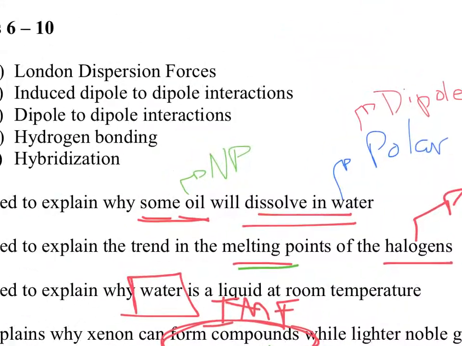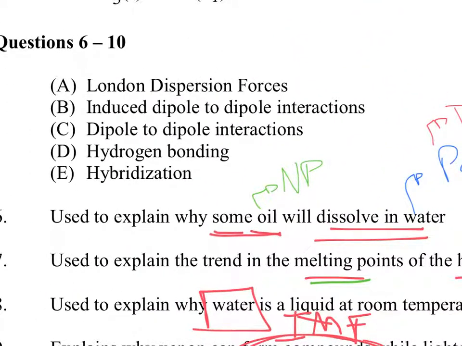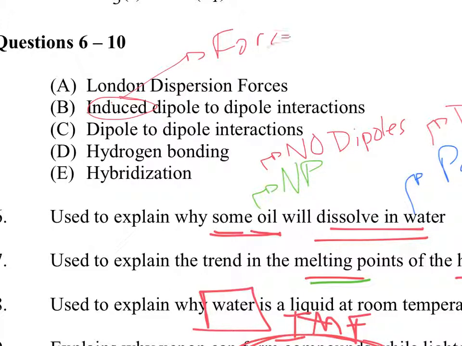Well, if you go back and you look, the only two things left are dipole-dipole interactions. Will oil have a dipole? So non-polar things have no dipoles. What does induced mean? Very good, it's forced. So can oil sometimes be forced to have a dipole? Yes, and that is why. Because remember, electrons are constantly moving, and so at any moment, it can be forced into that dipole. And so that is why it is an induced dipole. It's forced. Because if you mix oil and water, isn't that forced? You'd have to force it to happen. That's what induced means. Okay?